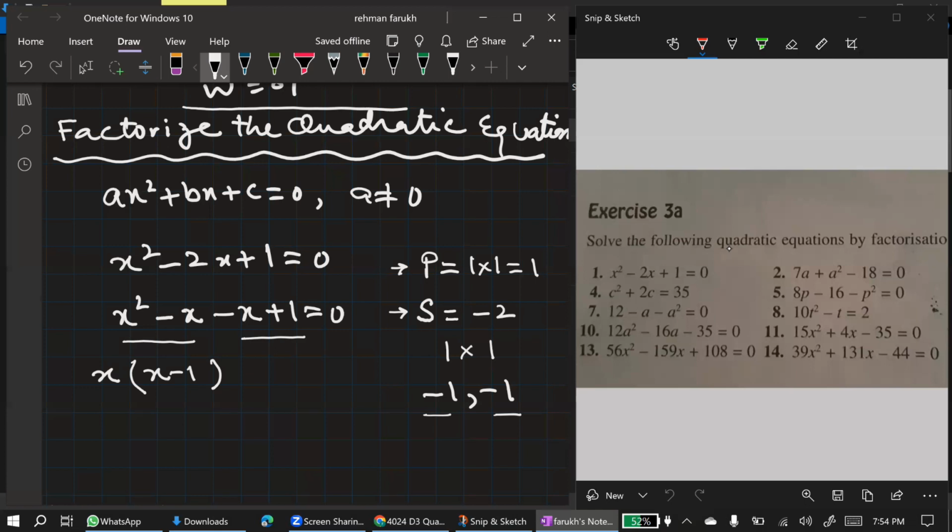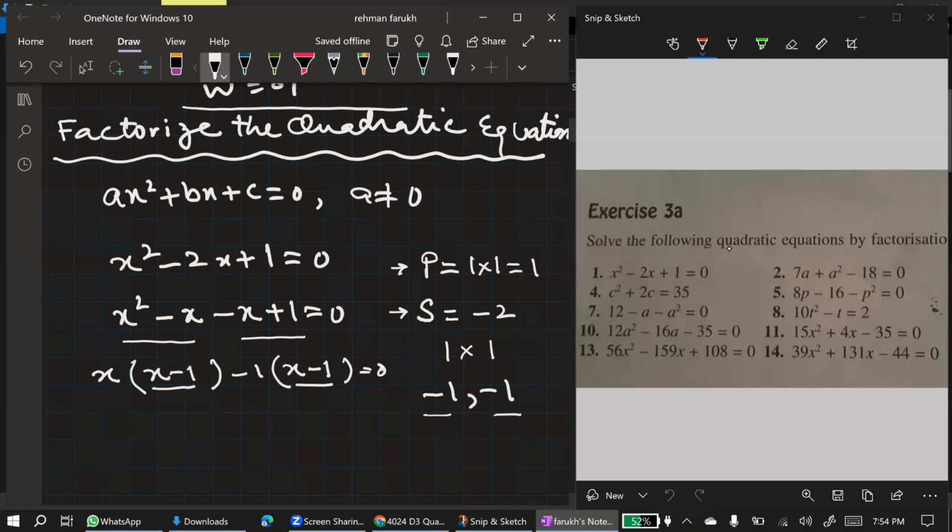And from the second pair, what should be taken as common? Minus 1. So that the expression inside the bracket is also x minus 1.